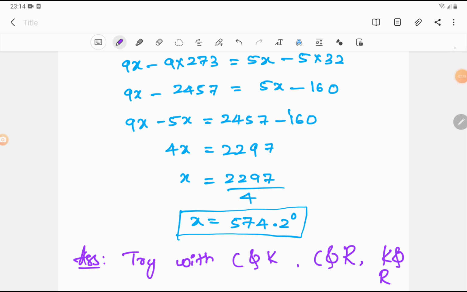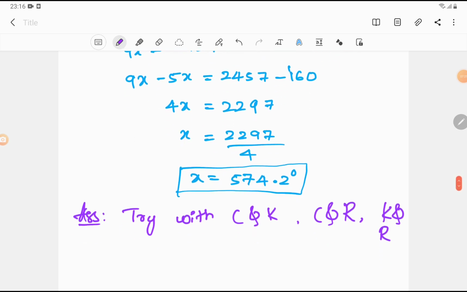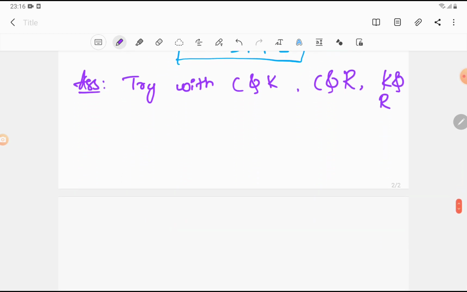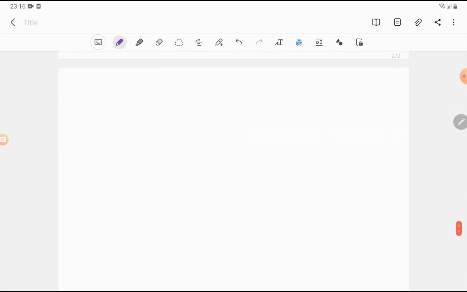Okay, let us continue. Go to the third problem.